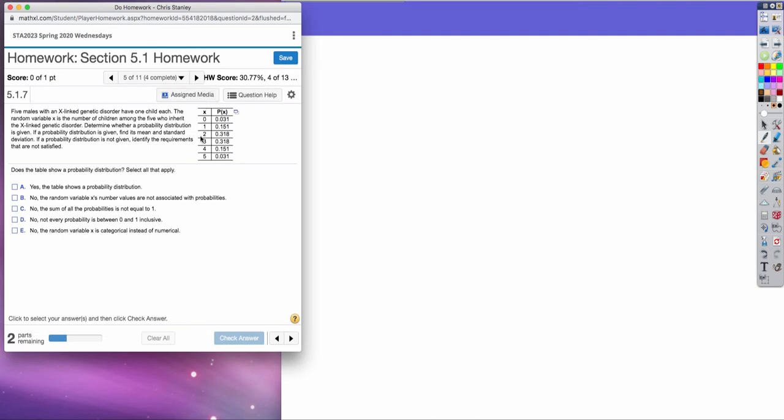Okay, now this is called a probability table. Now what we have to do is check to make sure all these are in between 0 and 1, which they are. Now we have to add those up. So I'm going to say yes, but what we really need to do is add these numbers up.